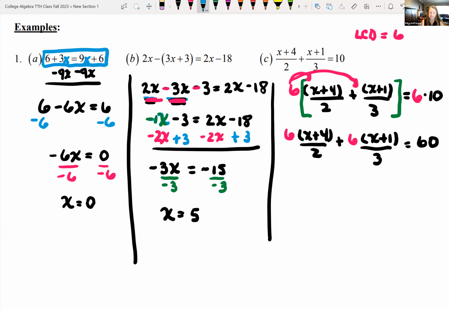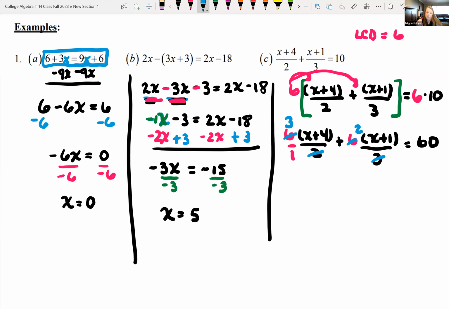We chose something that those denominators divide into so that we can simplify. You can think of this if it helps you as 6 over 1. And so when you are simplifying multiplication of fractions, we're looking at 2. 2 can go into this 6 3 times. And this 3 can go into this 6 twice.